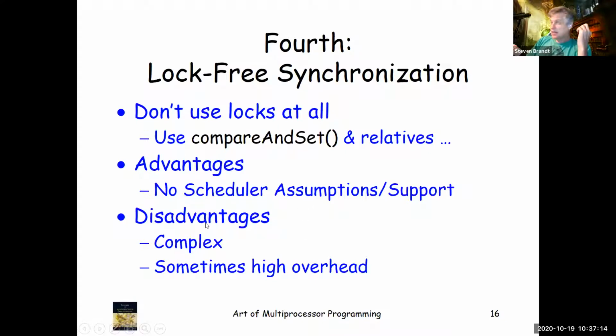The disadvantages are that it's more complex, and sometimes there's a high overhead from doing all this additional logic. I don't expect these four items to make complete sense right now, but after we go through the lecture, hopefully they will. And if you're watching the lecture again to review, this will help you frame your thoughts.